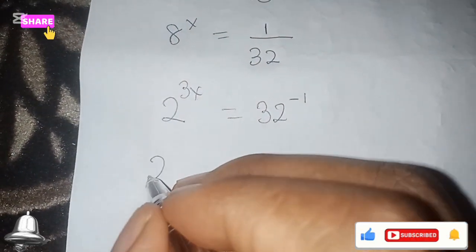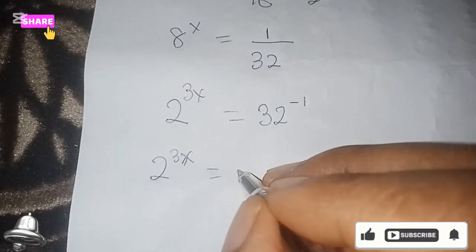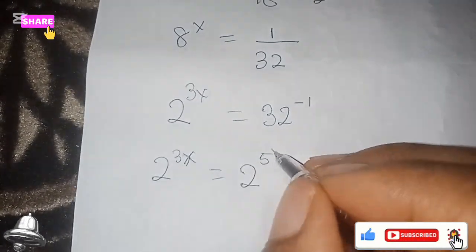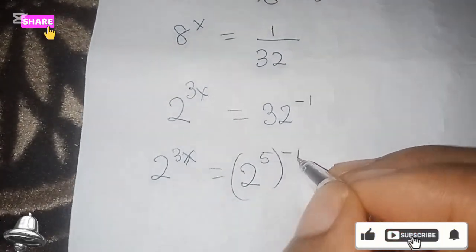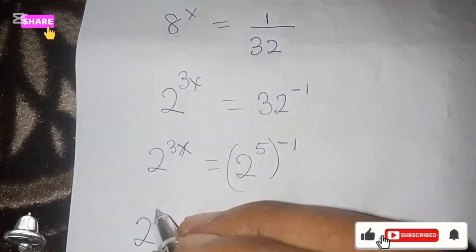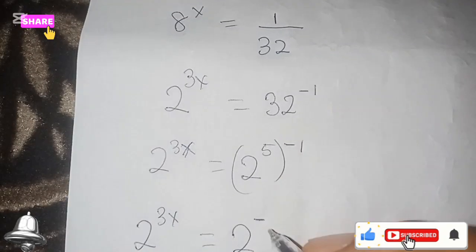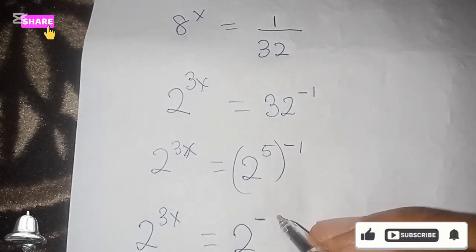This is 2 to the power of 3x equals 2 to the power of 5 all to the power of -1. Now, this is 2 to the power of 3x equals 2 to the power of, when these powers multiply, we have -5.